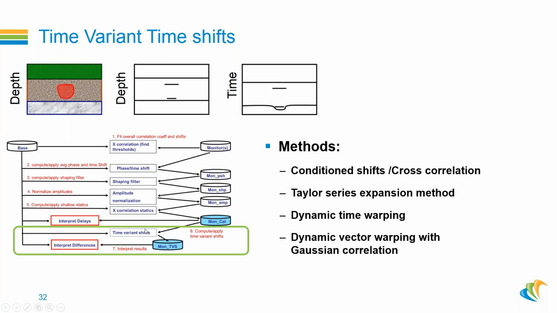For example, you can use conditioned shifts, cross correlations, and the Taylor series expansion method, which is about how the time shifts using the Taylor series in one trace. Dynamic time warping, again, is applied on one trace. We also have dynamic vector warping with Gaussian correlation, which is a 3D warping method.